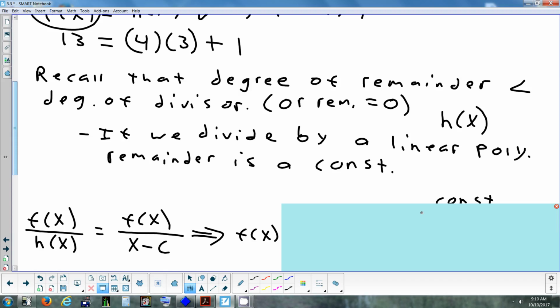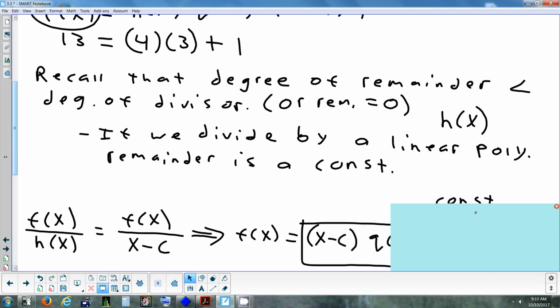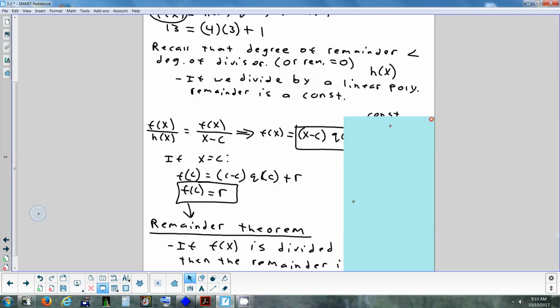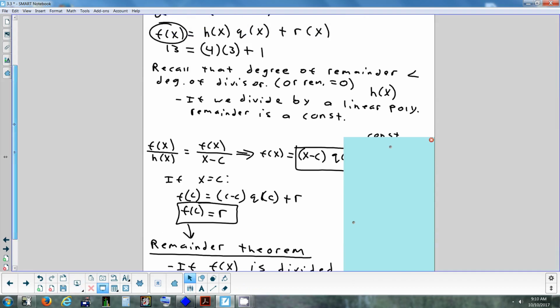So let's say we take a polynomial, f of x, and we divide by h of x. Specifically, h of x is going to be something linear, x minus 3, or it could be x minus negative 2, so it could be x plus 2. But the point is it's dividing by something linear.